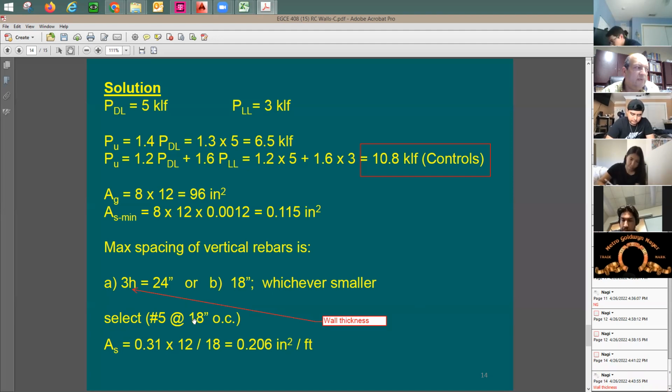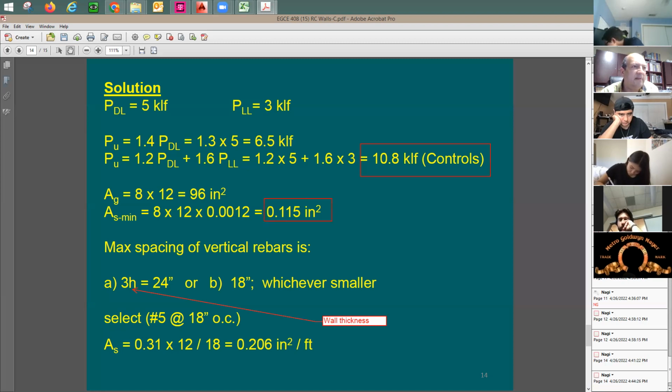I'm going to go with 18 inch, the smallest of the two. So I can be using number 5 at 18. This is going to be my choice. Guess what? Number 5 at 18 is going to get me 0.206 square inch per foot. How do I know that? 0.31 A_b, 12 inch the strip width, 18 inches the spacing. Now, provided is 0.206 square inch per foot. Needed 0.115. My choice is good for the minimum.